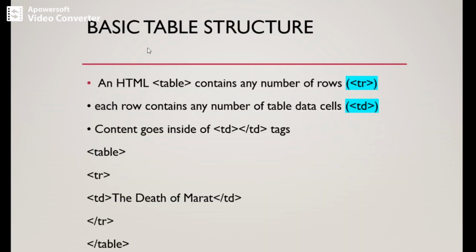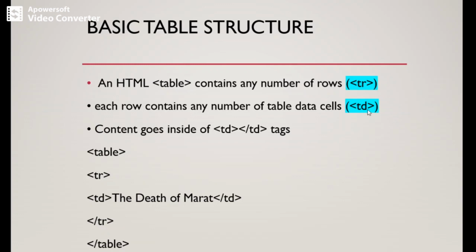An HTML table contains any number of rows. You use the tr tag, table row tag, to create a row in a table. Each row contains any number of table data cells, TD. It is nothing but your data. So how do you fill that data? That is using the TD tag.